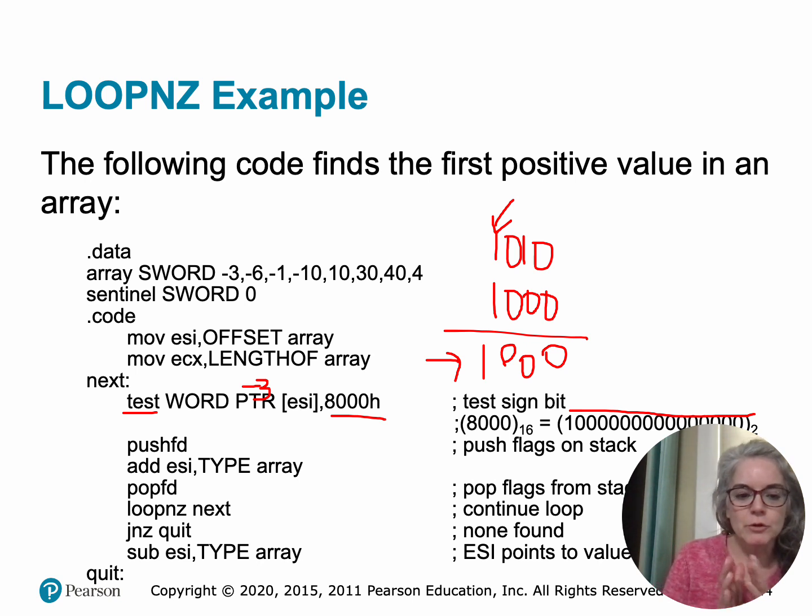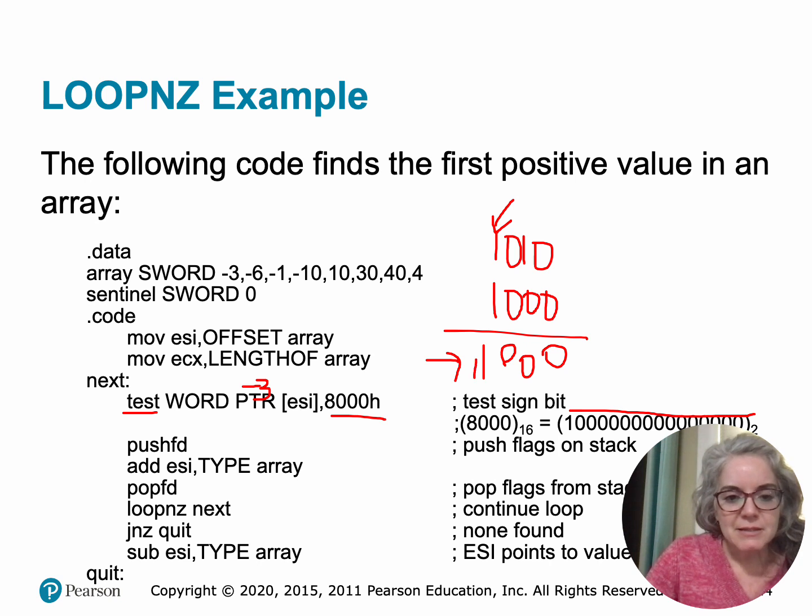So if you look in your book and you look at the AND instruction, or you just Google and say what flags get set and cleared by the AND instruction in MASM, you'll see that the sign flag and the 0 flag get set and cleared. And there's some other flags that I'm not committing to memory.